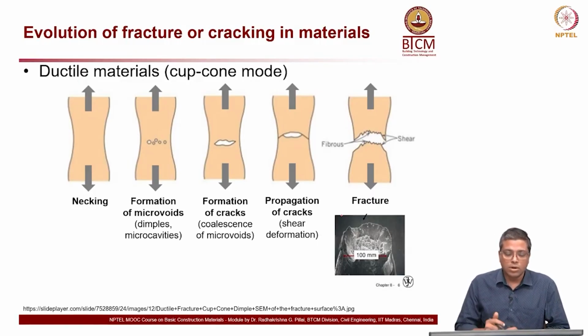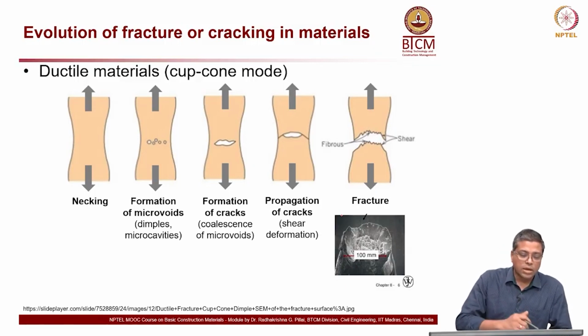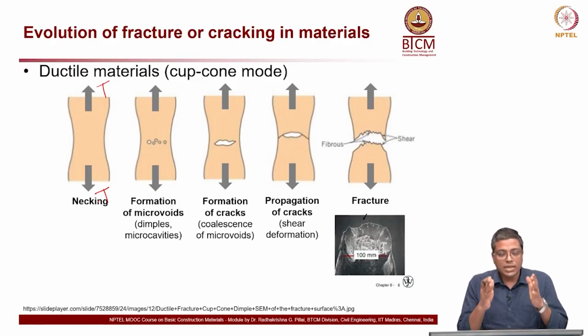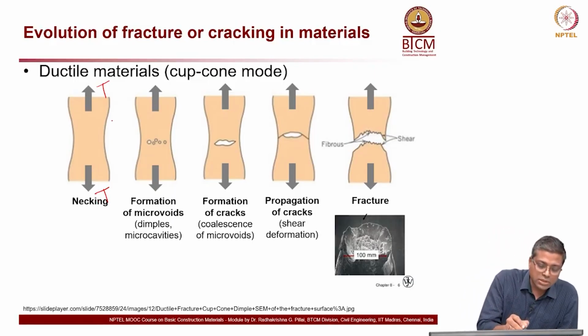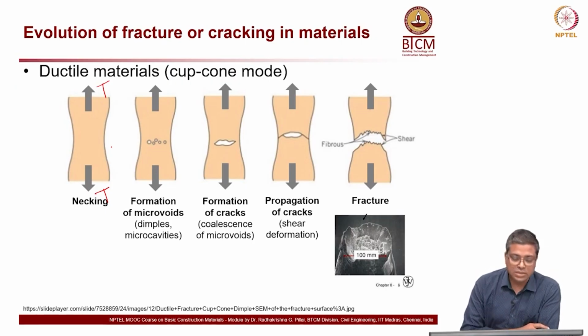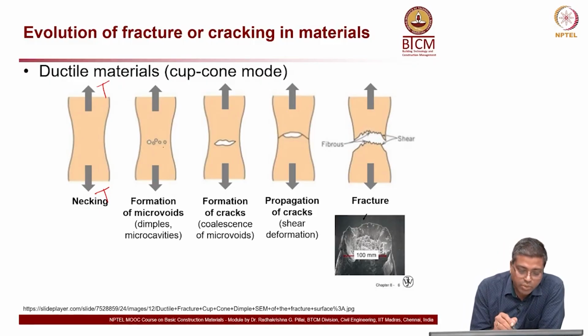You can see here on screen, the arrows indicate the direction in which the tensile force is acting, and there is necking happening. This is the region which is necking. You can see the neck-like shape, and what you see in the first picture is that necking starts to happen. That means there is significant deformation, and plastic flow is already generated.